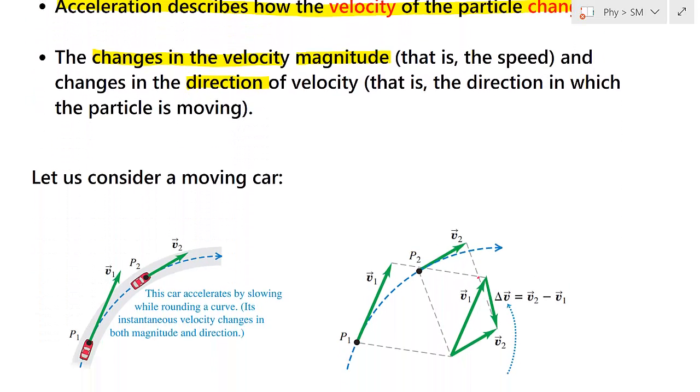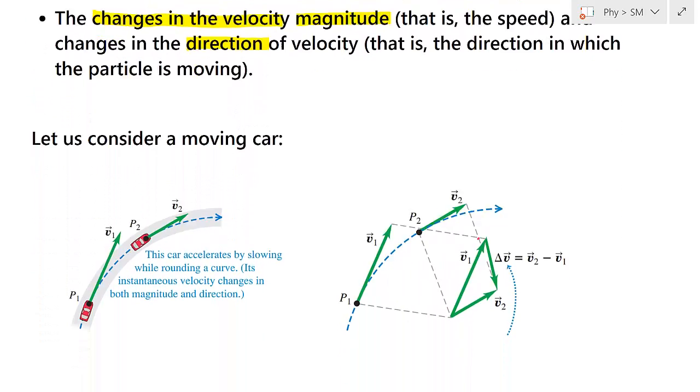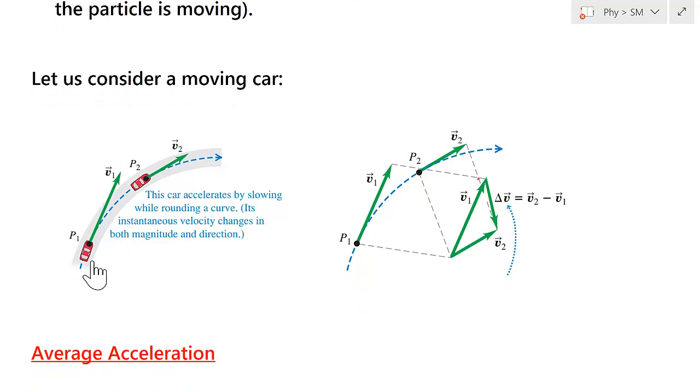To discuss further, let us consider a moving car, and this is the car. Initially, let's say this is the position of the car at t equals t1, and this car is moving with a velocity v1. So velocity has a magnitude as well as direction, and this is the direction of velocity when the particle is at point P1.